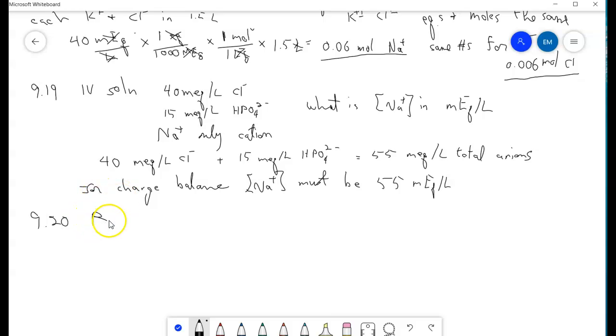Ringer's solution. Ringer's solution. Okay, Na plus. Potassium plus.